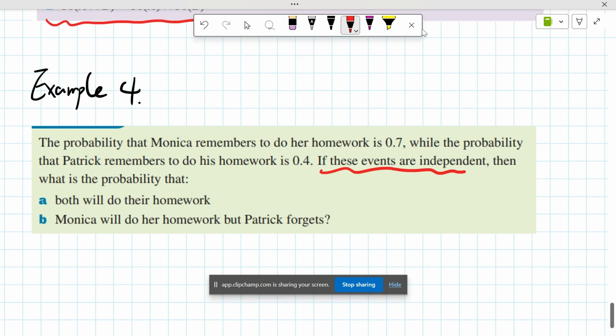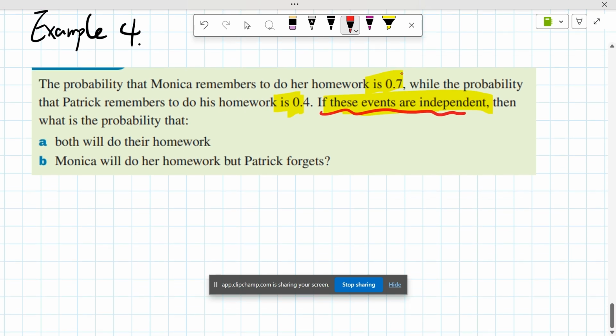Normally they say that the events are independent. So Monica remembers to do the questions with probability 0.7, and Patrick remembers to do the questions with 0.4. This is independent; they are not related to each other. Question A: both will do the questions.